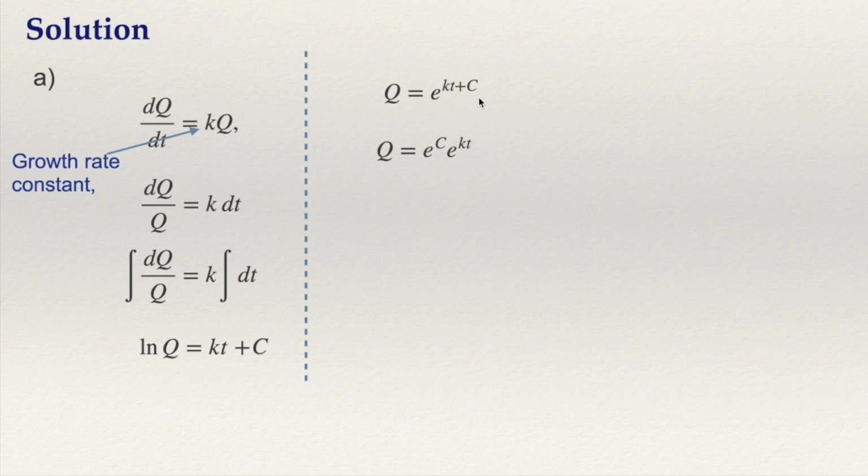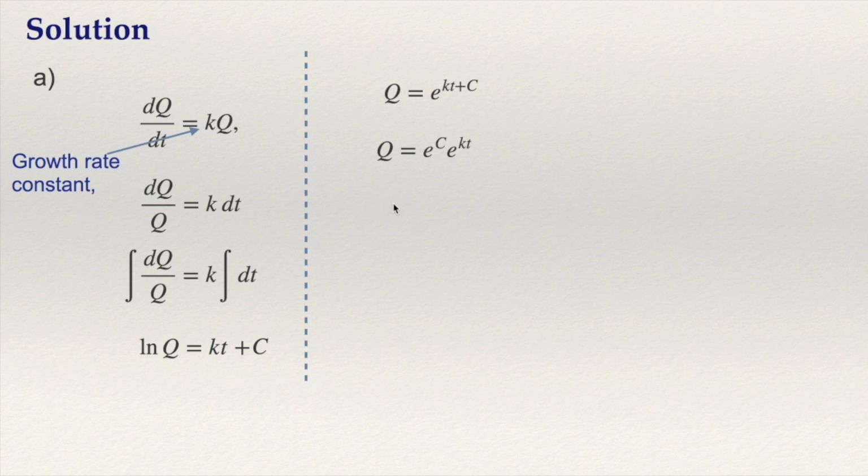So this expression is the same as this. And I type it this way because you will notice that e is a constant, 2.71828 approximately, and this c is another constant, so this e to the power c is just one constant.